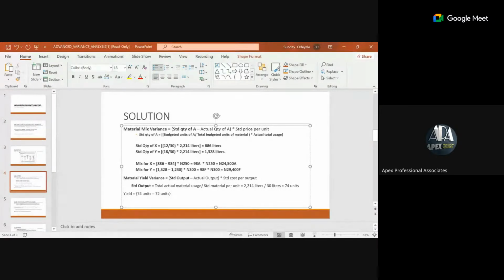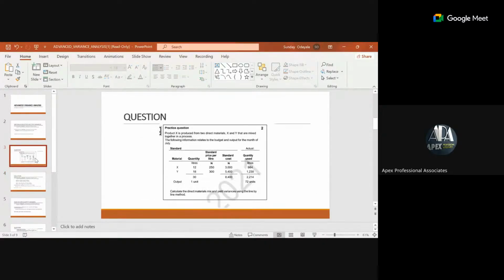Now multiply by your standard cost per unit per output. Now note that I did not say standard cost per unit of material. I'm not talking about per unit. You see, this is different from this. This is per output. Now you will go back to your question and ask, how much am I spending to make 1 unit of this product? They've given us here.